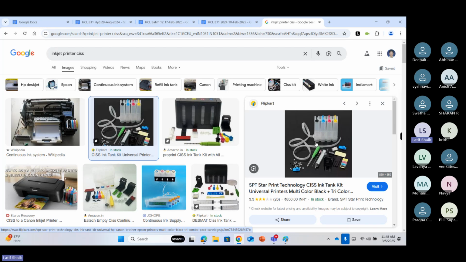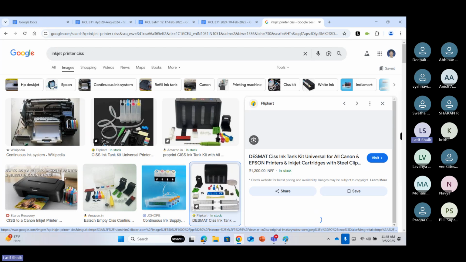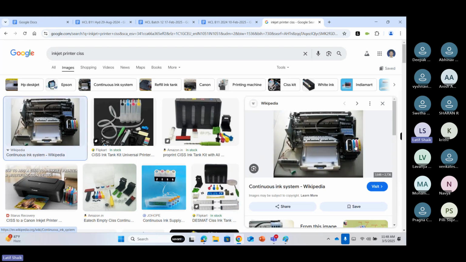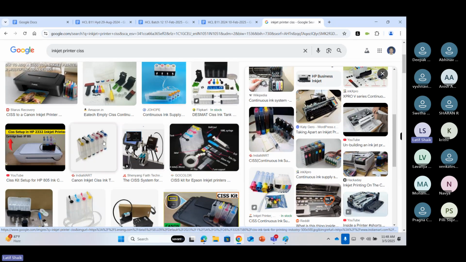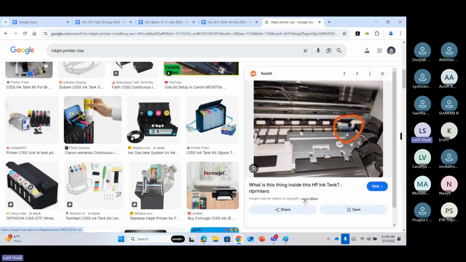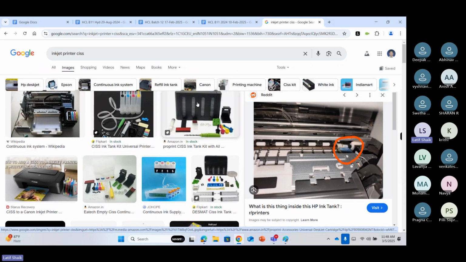Put some 1,000 to 1,500 into this equipment, and you can make it a continuous flow printer, an ink tank printer itself. But that needs skills to install the continuous ink pumping. It's not very easy to do. You can convert your normal printer to an ink tank printer, that's what I'm trying to say.